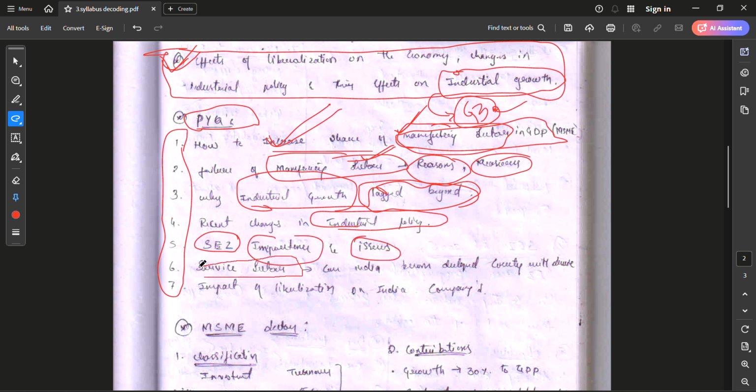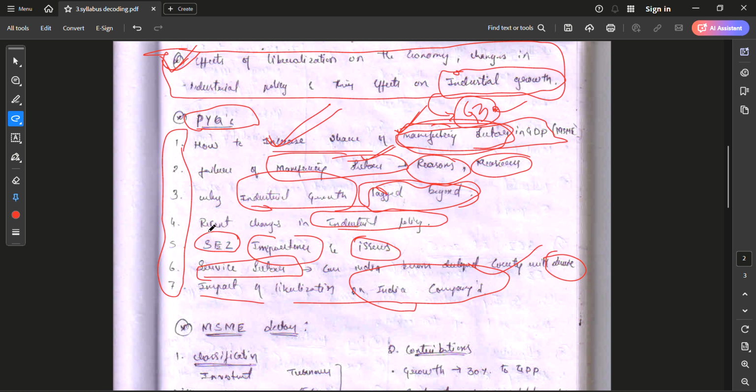Service sector: can India become a developed country with the service sector? Impact of liberalization on India's economy and Indian companies. You can directly see that the major focus is on these three topics: the manufacturing sector, the industrial sector and the service sector.